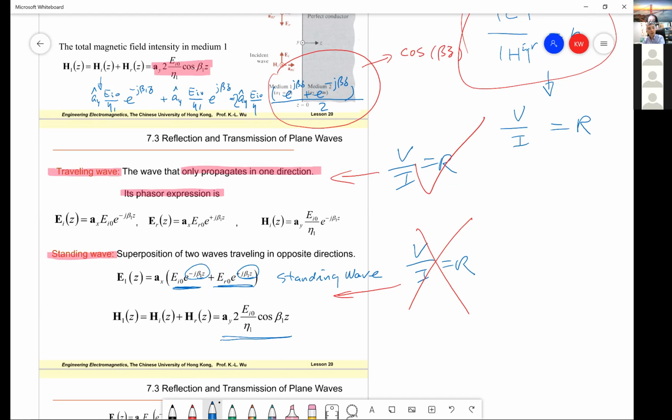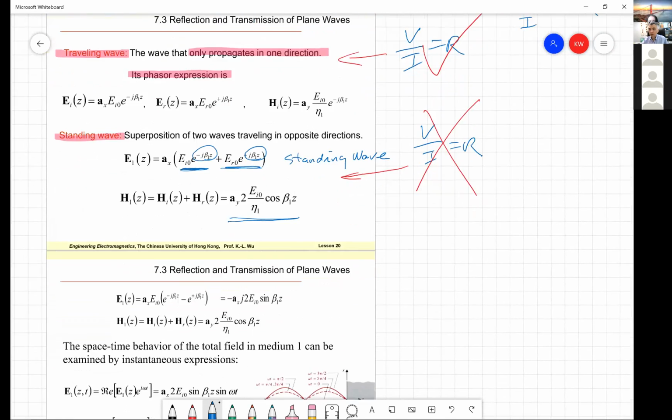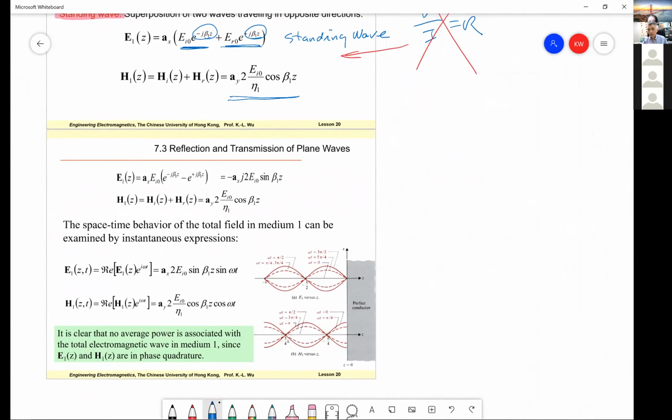That is the magnetic field. So you cannot apply Ohm's law to the total field, to the standing wave directly. You can only apply it to a traveling wave.